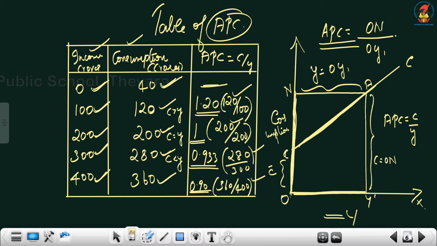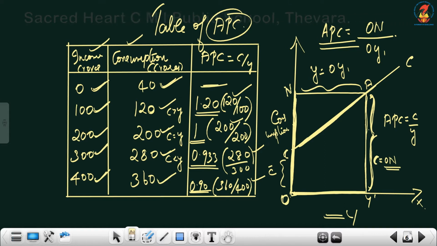Now, how will you measure it? When you draw a curve like this, if you measure this particular area, which is equivalent to these two areas, see, ON is the consumption part, which can be parallelly measured as this area, isn't it? So, C is equal to ON, I have written it here.